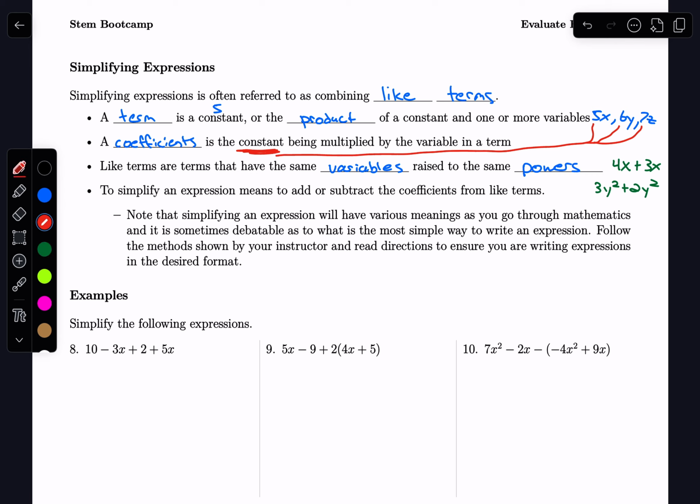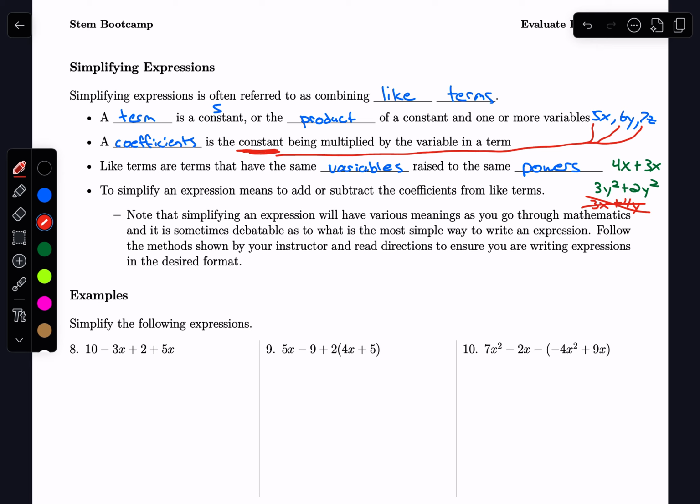But something that is not like terms, if you have 3x plus 4y, one of those has an x, the other has a y, that is not going to work. Okay, we would leave those separate from each other because they are not like terms. I always think about it in terms of vehicles. So if you told me that you own a boat and a truck, you would not say that you have two trucks because that would make no sense, right?